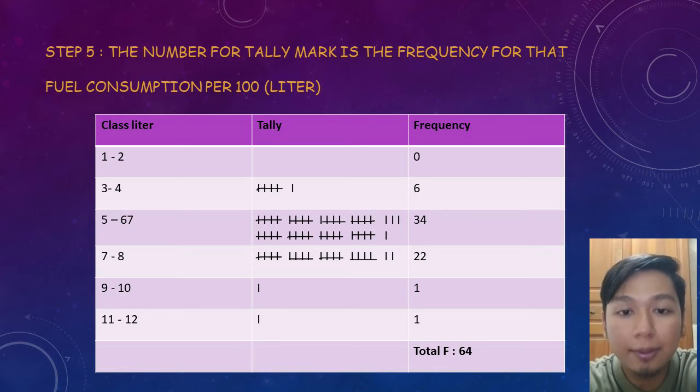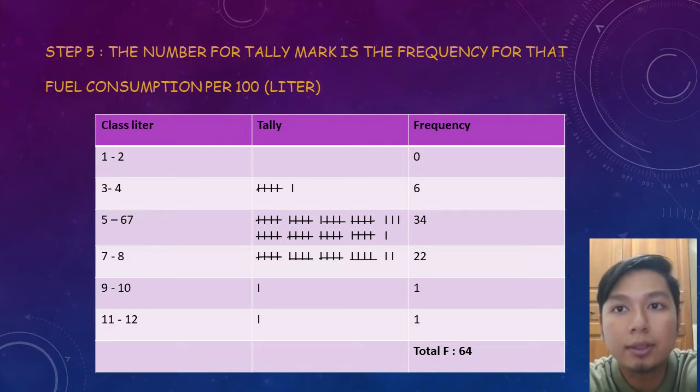Step 4 was very easy because we just make a mark for every data point we get. The marks on the data I mean can be seen in slides number 5 and 6, because there are class, tally, and frequency.